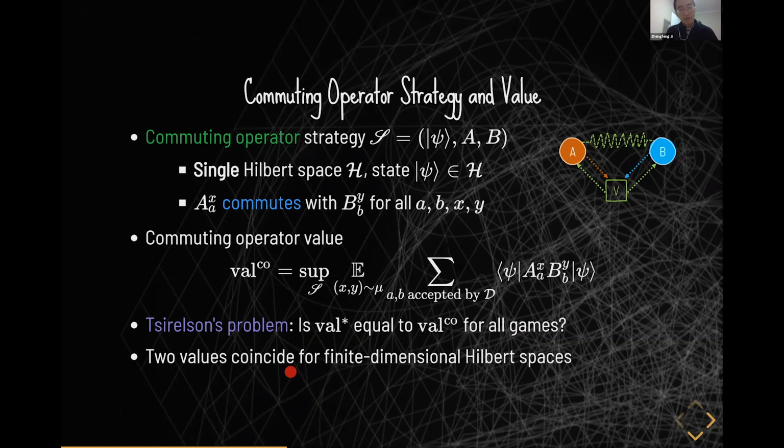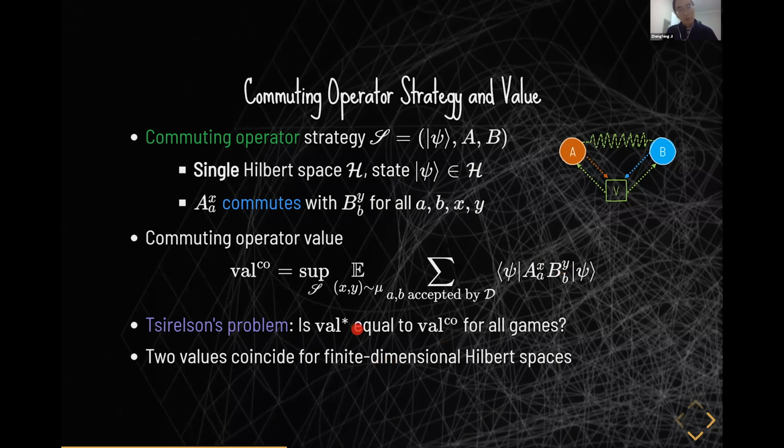It's interesting to mention that if this Hilbert space is finite dimensional, then they are the same. You can prove that the commuting operator value, because of the structure here, you can show that it's a direct sum of tensor structures, so it's the same.